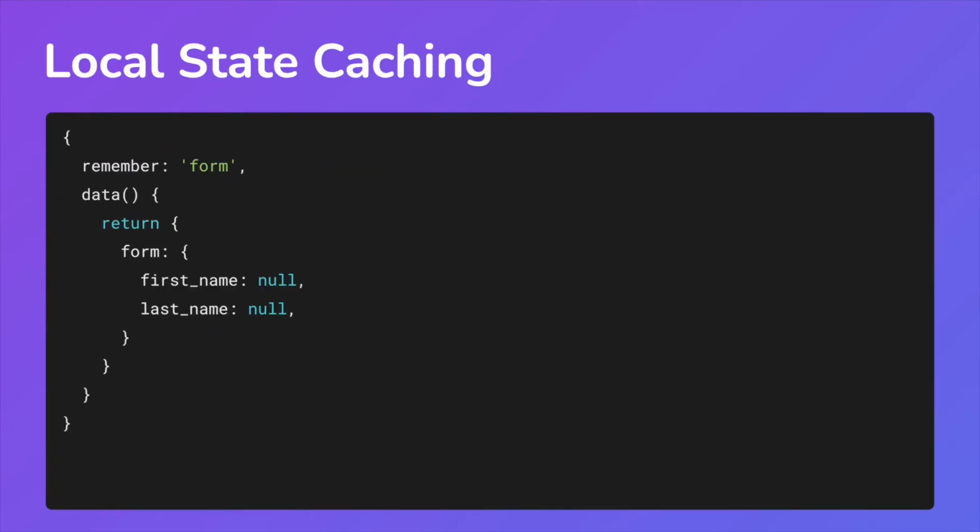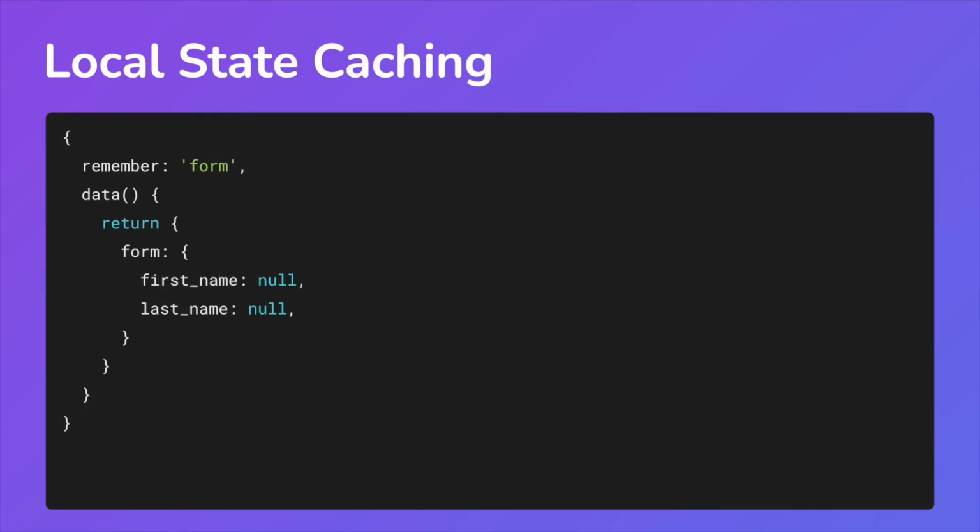When navigating through the browser's history, Inertia will cache props and use them to restore the page's components. However, sometimes you might want to restore the local state as well. For example, when navigating back to a page that includes a form, you might want to cache and restore the data the user has entered into that form.